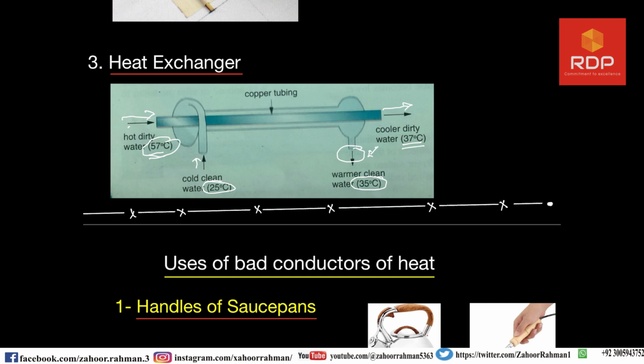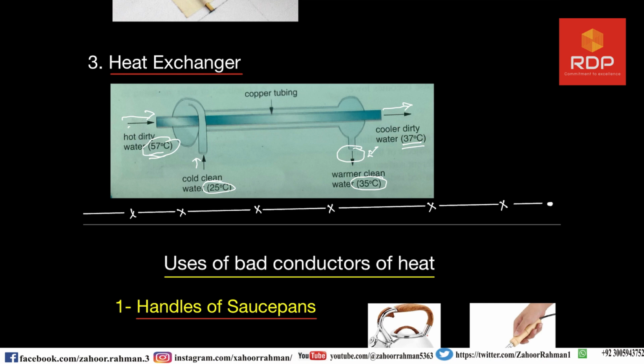Let me tell you that heat exchangers such as those used in the laundry enable precious fuel to be saved. The figure which we are observing shows a heat exchanger used in a laundry that is made of copper, a very good conductor of heat.